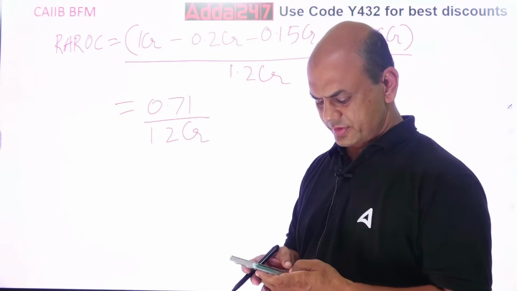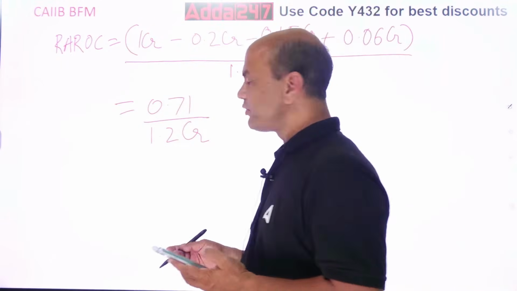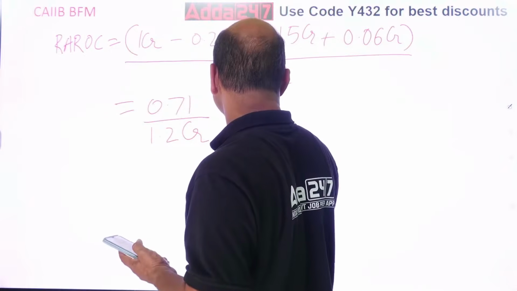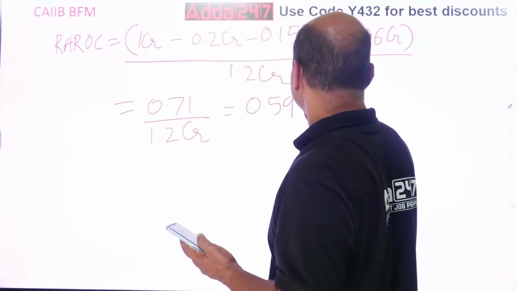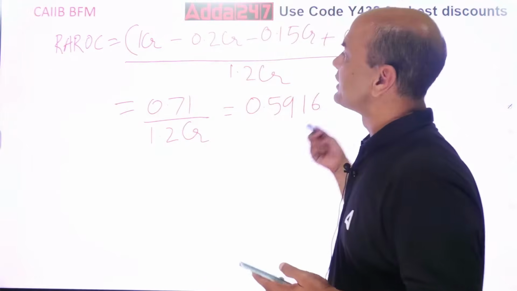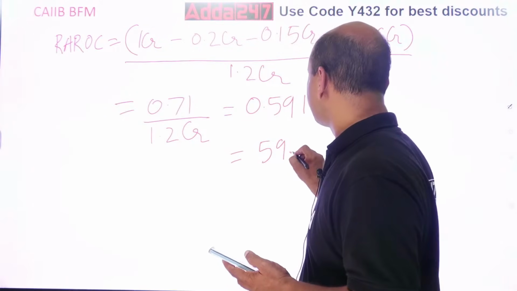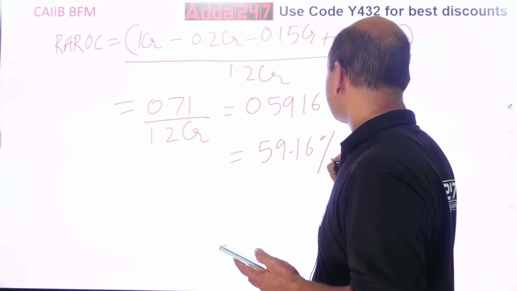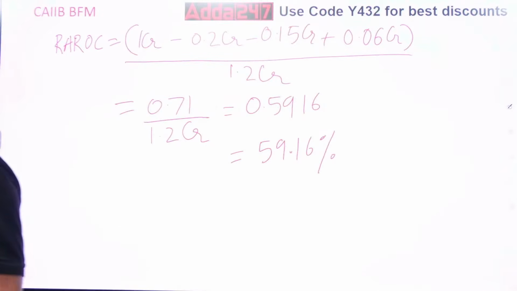Both are in CR. So you're getting it as 0.5916. So in percentage it will be 59.16%. This is your RAROC. Very, very, very important term.